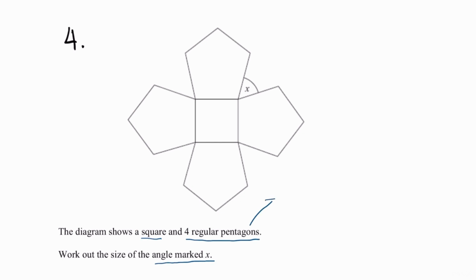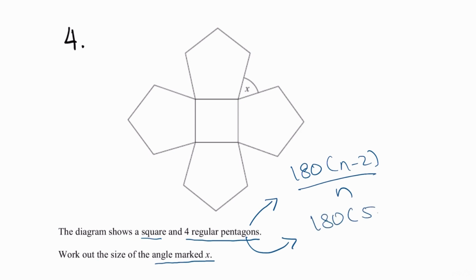So we know the formula for interior angles is 180(n minus 2) divided by n. So for a pentagon, the interior angle would be 180(5 minus 2) divided by 5, which equals 108 degrees. So now let's do the same for the square.